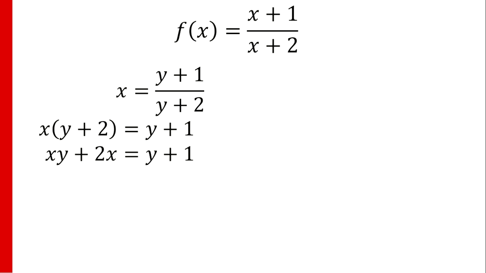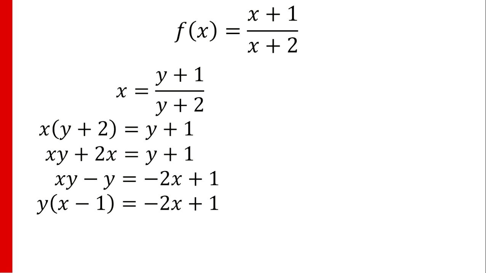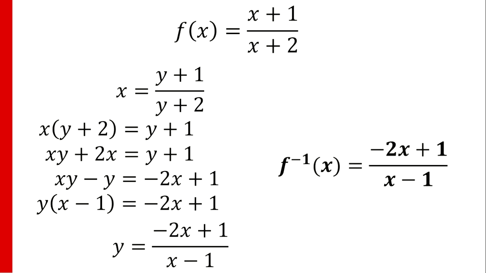Let's combine the terms that have a y. So that's xy minus y is equal to negative 2x plus 1. Factor out y, so that's y quantity x minus 1 is equal to negative 2x plus 1. Then divide both sides by x minus 1. We obtain y is equal to negative 2x plus 1 over x minus 1. So therefore the inverse of the function x plus 1 over x plus 2 is negative 2x plus 1 all over x minus 1.